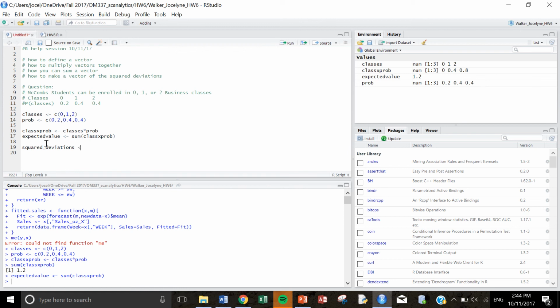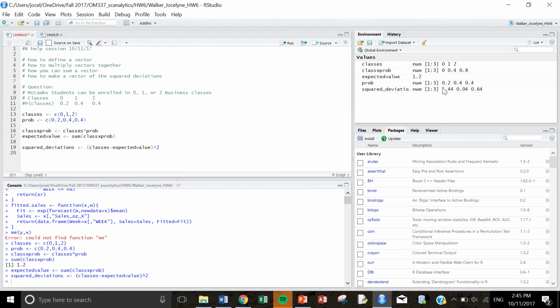And it is going to be a vector of my classes minus expected value. So what we're doing right now is taking the number of classes, minus the expected value of 1.2, and then the square. When we run that, we can check our work and make sure we did it right.